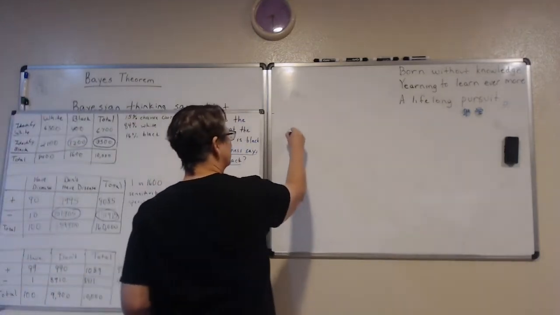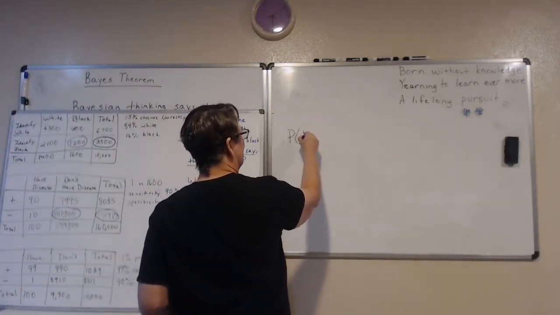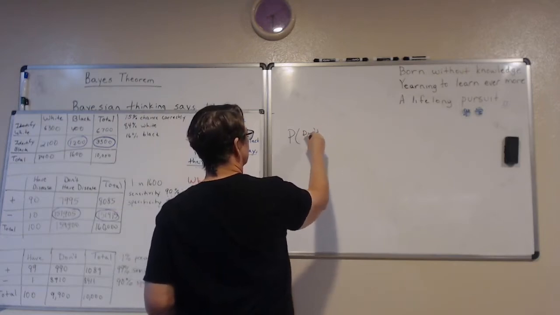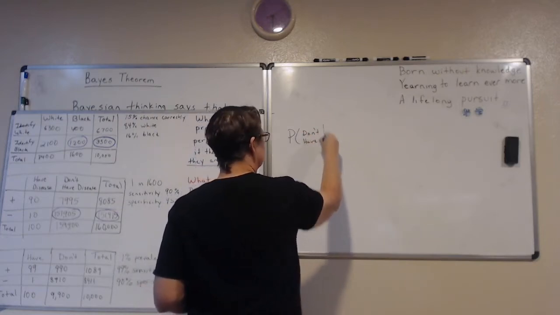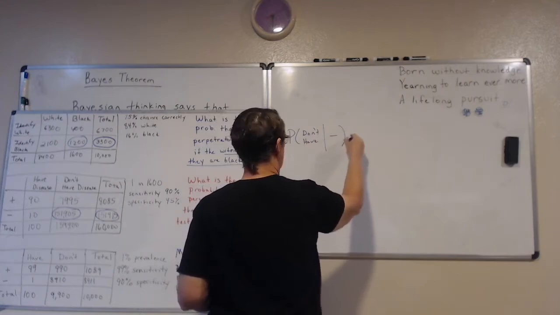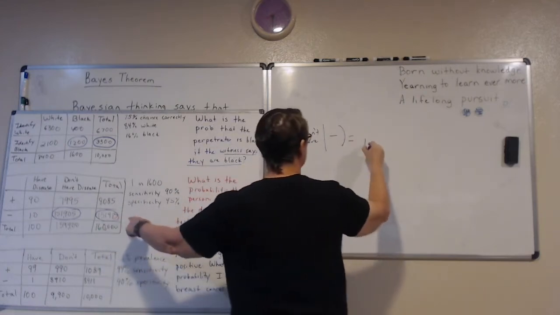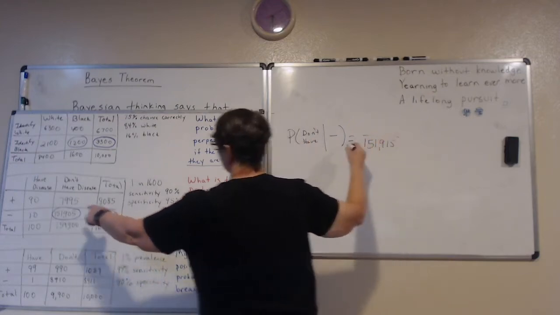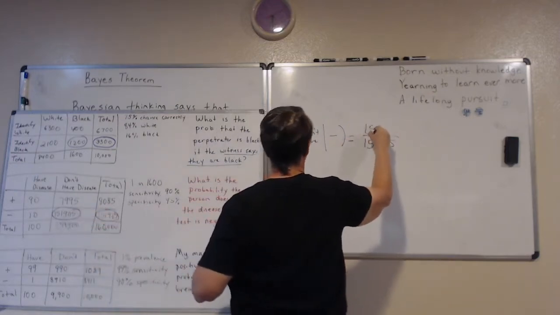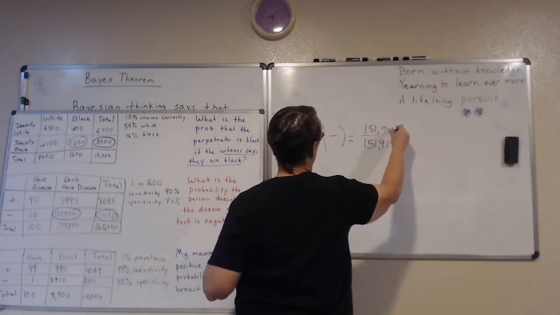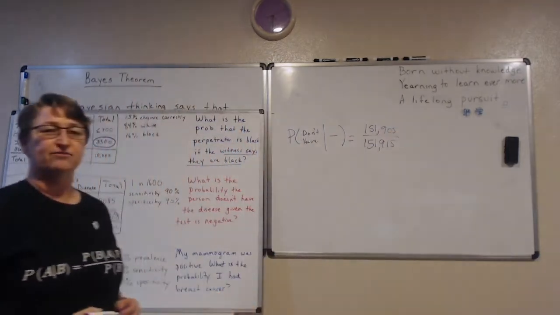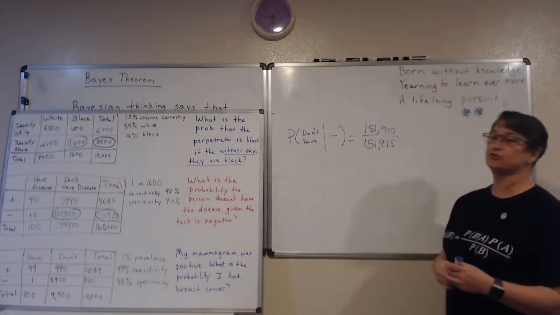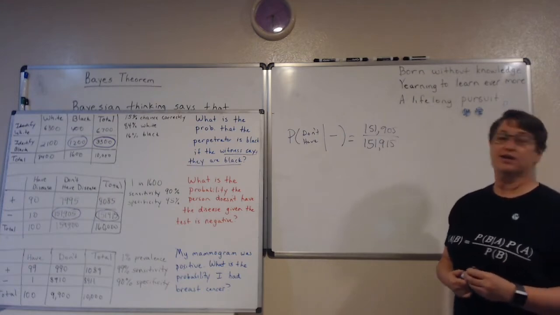So in notation, the probability I don't have it, given I had a negative test: the negative tests are my denominator, and my numerator are the ones who don't have it and got a negative test. Let's do some reduction there.